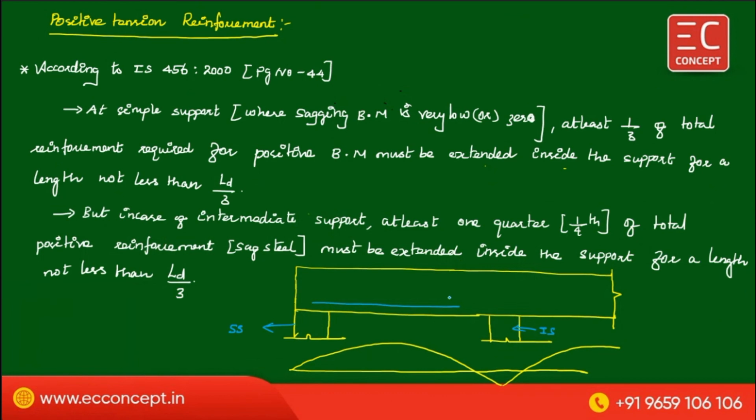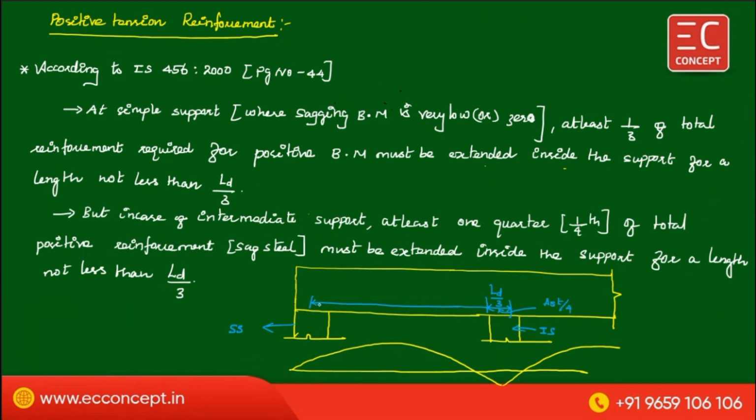This value for the intermediate support, you have to extend up to a length of LD divided by 3, and this value AST is equal to actual AST divided by 4.